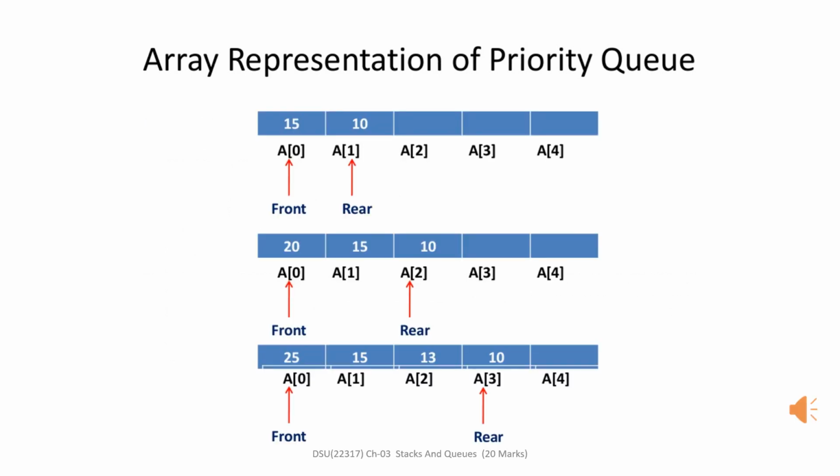This is the example for array representation of a priority queue. See here, front is equal to 50, A of 0 is equal to front, and rear is equal to A of 1, and 15 and 10. Then 20, A of 0 is 20, A of 2 is 10, and then A of 0 is 25, then A of 1 is 15, then A of 2 is 13, and A of 3 is 10.